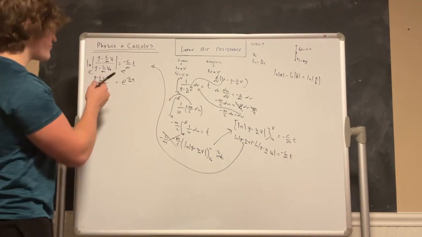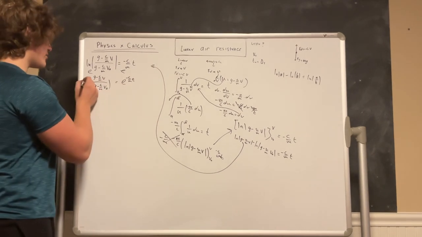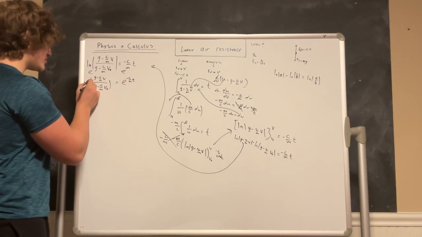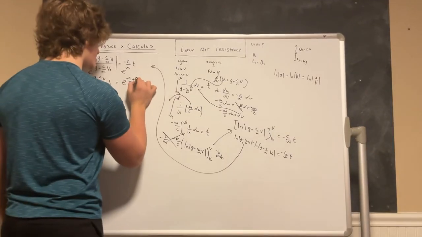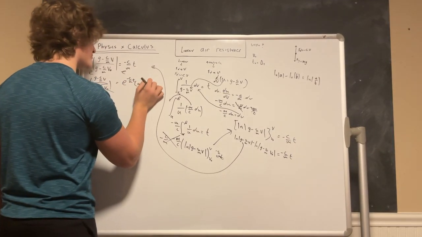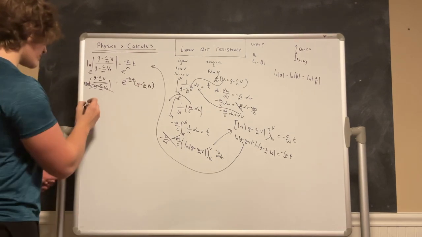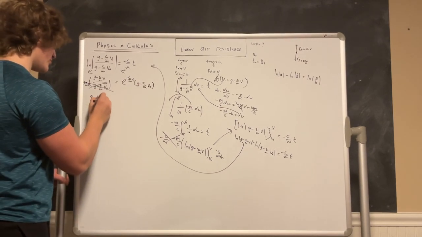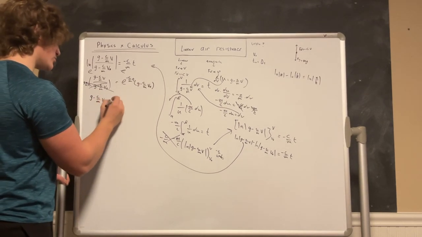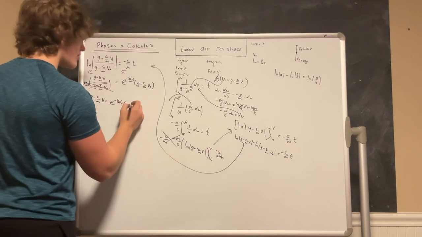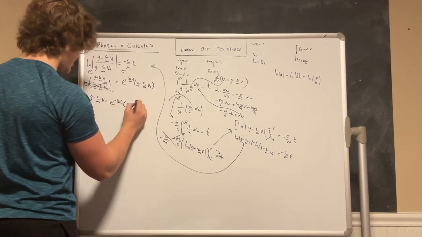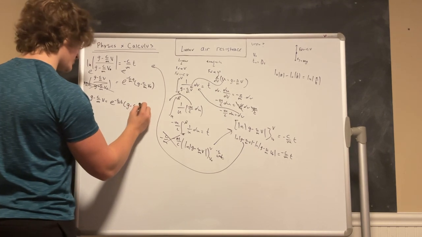Now we are just trying to get v by itself. So let's multiply by the denominator, g minus c over m v sub 0, and these cancel. This gives us g minus c over m times v is equal to e to the negative c over m times t times g minus c over m times v sub 0.